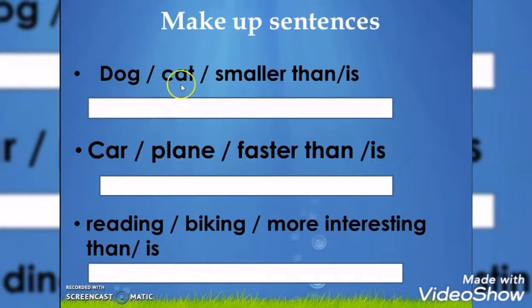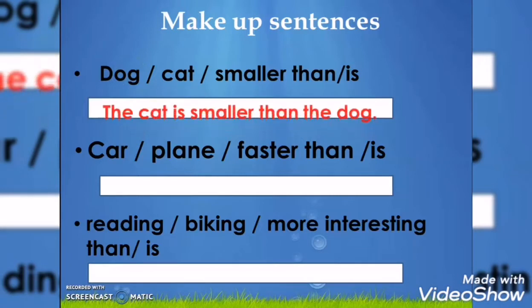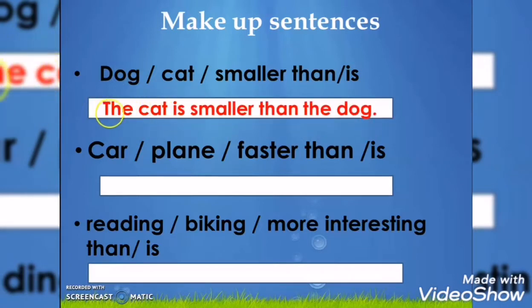We say the cat is, where the adjective word smaller than whom? Than the dog. So the cat is smaller than the dog. We have the cat, which is the subject, verb is, the adjective word is smaller than the dog.